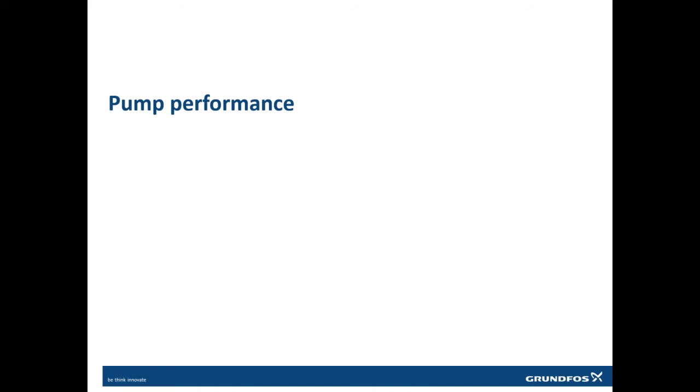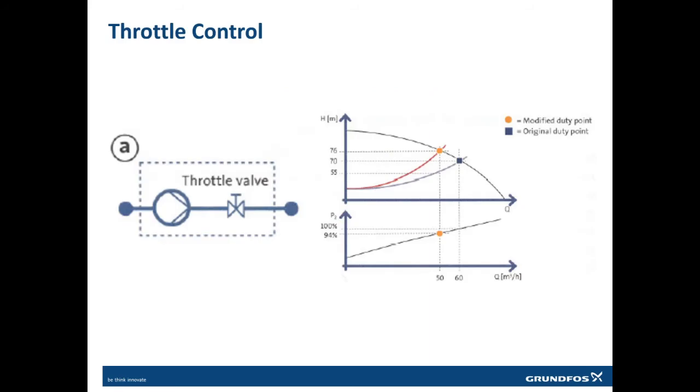How can we do that? So the first one is a throttling valve, which I just discussed in my previous slide. In this one, what we are actually doing is we have a pump and a throttling valve. Whenever we close the valve, we are going back on this curve. This was my earlier flow and this is my new flow if I'm closing.